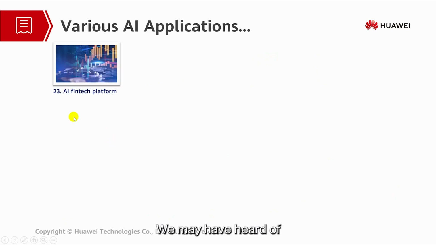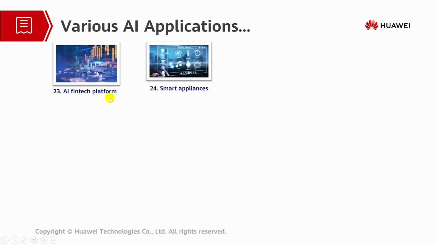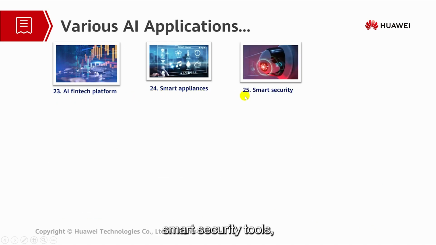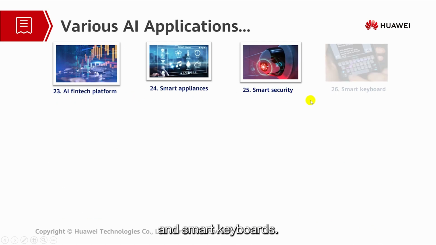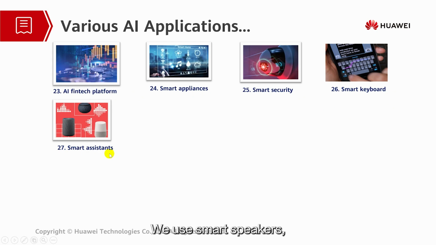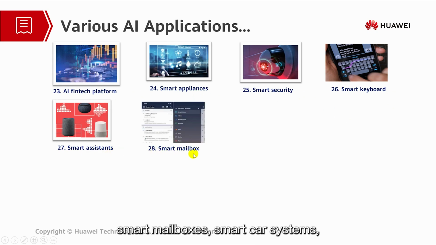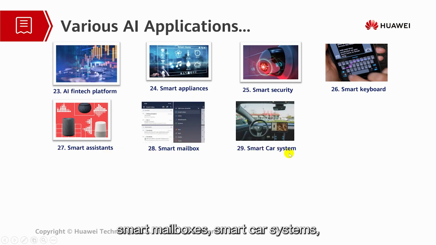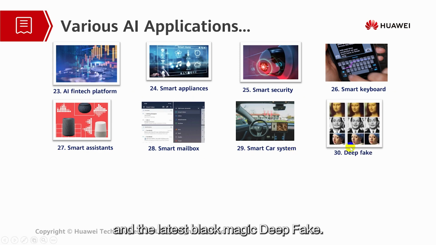We may have heard of or even used AI financial platforms. We use many smart apps, smart security tools, and smart keyboards. We use smart speakers, smart mailboxes, smart car systems, and the latest black magic, deepfake. Deepfake technology challenges the old adage, seeing is believing.